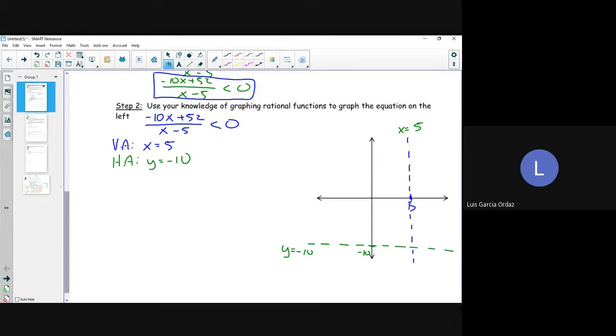And then we can also identify our x-intercept. If we set that rational function equal to 0, what is our x-intercept?